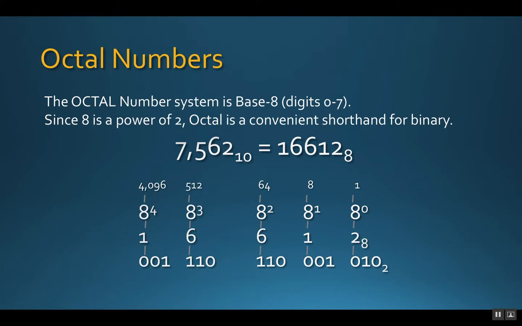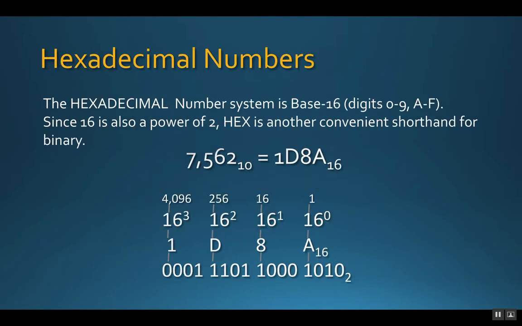As a programmer, you will occasionally need to work with binary values, but usually you don't work with them actually as a string of zeros and ones. You usually work with them as octal numbers, as shown here, which is base 8, which groups 3 binary digits together into one digit from 0 to 7, or you will use a hexadecimal number, which groups 4 binary digits together and uses base 16.